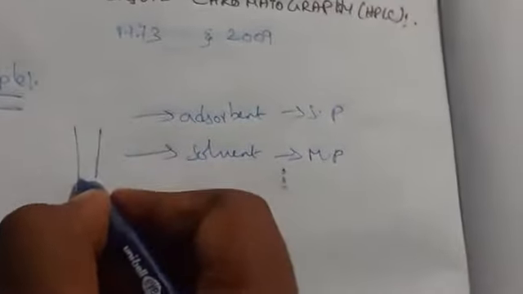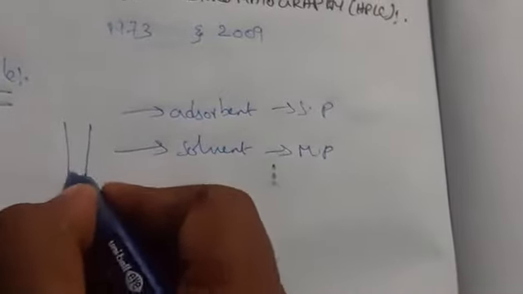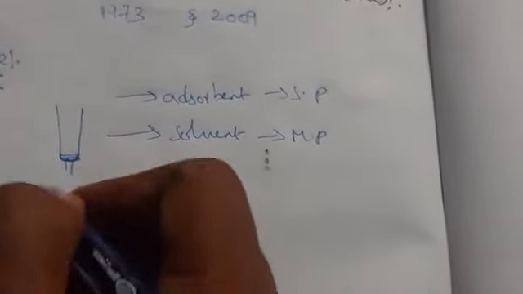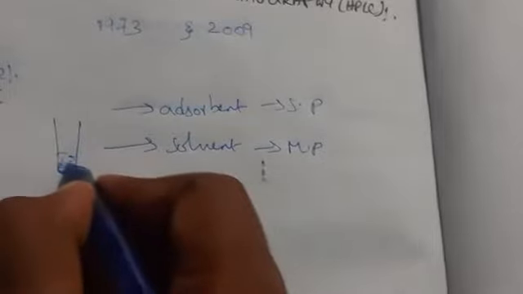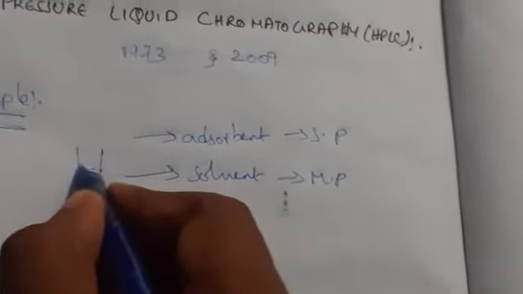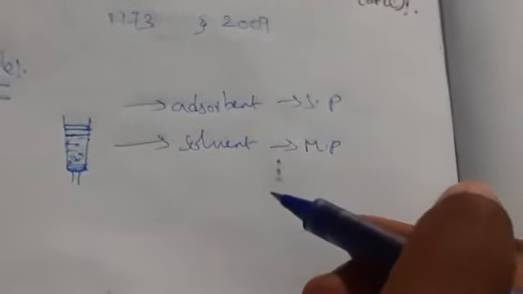In column chromatography we use an adsorbent as the stationary phase, and the mobile phase will be the solvent. It is inserted in a column, right? To support the material we use the column, which has cotton and sand. To this we add the adsorbent phase, then the sample mixture, and again we add the mobile phase. So this is column chromatography.